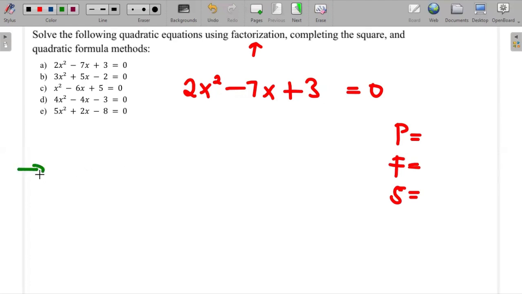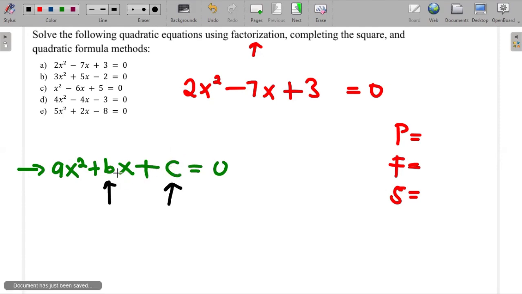The general form in which we write a quadratic equation is ax squared plus bx plus c equals 0. Here c is a constant because it doesn't have any x, b is the coefficient of x, and a is the coefficient of x squared. So the product, we always find by multiplying a and c.